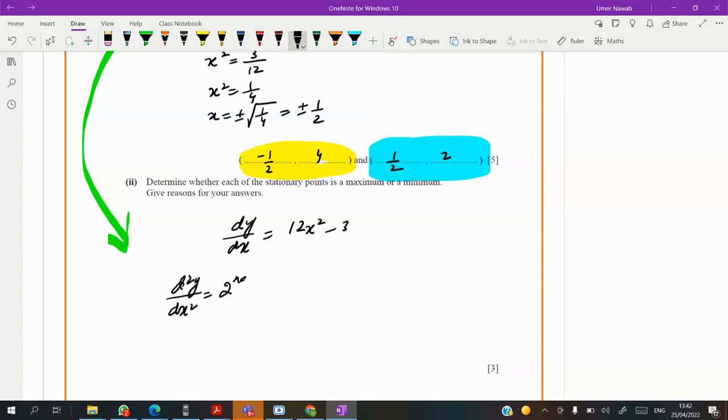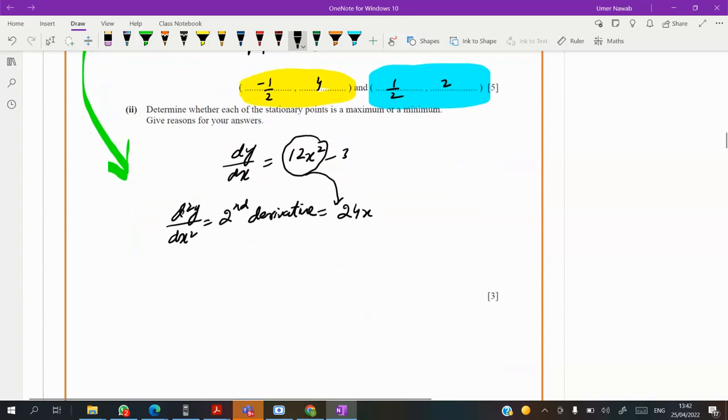We represent the second derivative like d squared y over dx squared, or in the exam you can write second derivative. So the second derivative of 12x squared is 24x, and the derivative of minus 3 is 0. So 24x. Now we will substitute the x coordinates one by one into it. So if x is equal to minus 1 over 2, what is the second derivative?